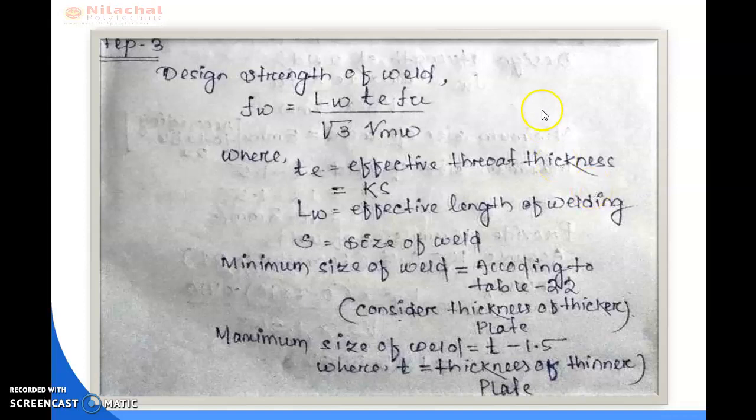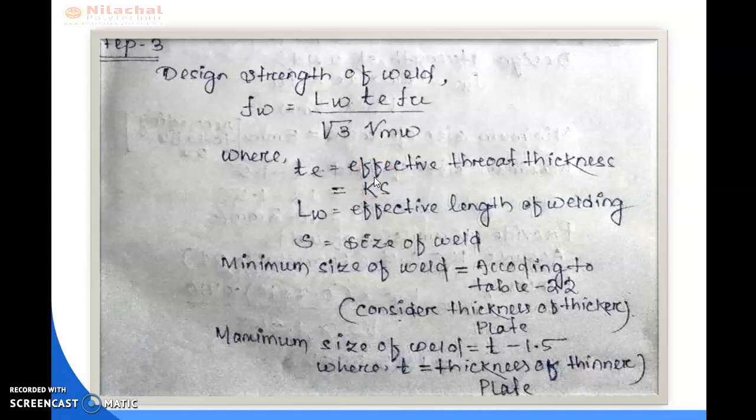Okay, the next is Te. Te means effective throat thickness, which you can calculate by K into S. Here S is the size of the weld and K is a constant, which I told you in the previous class also.